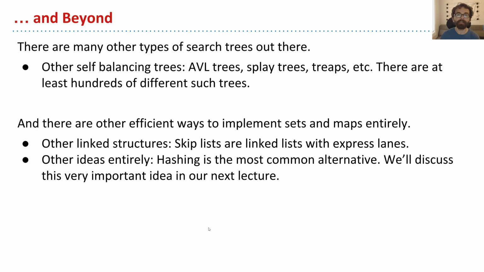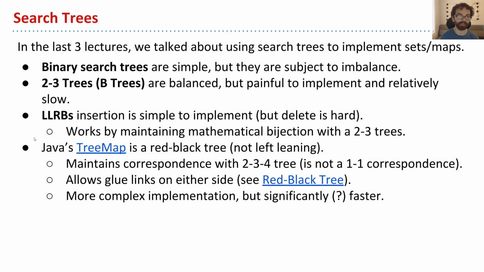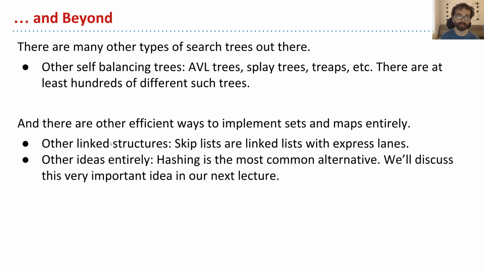And to conclude today, I should say that there are other ways of doing things. I've only shown you this narrative, how we get from a basic binary search tree to the way that it's done in the Java libraries. But there are other approaches. There's, for example, something known as an AVL tree. There are splay trees. There are treaps. And in fact, other ideas out there. There are many other types of trees which are self-balancing in some way.